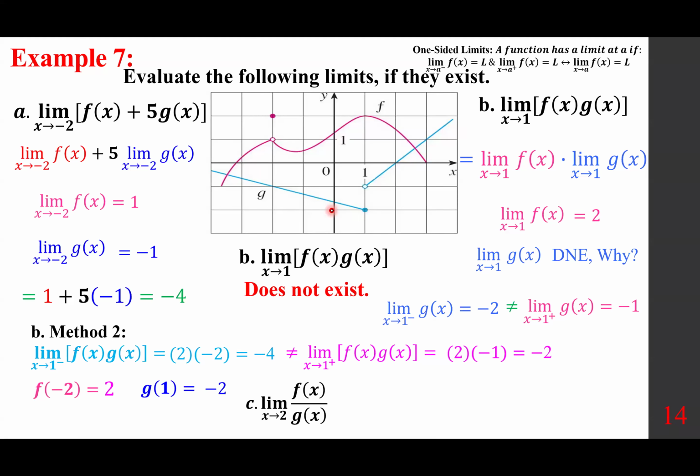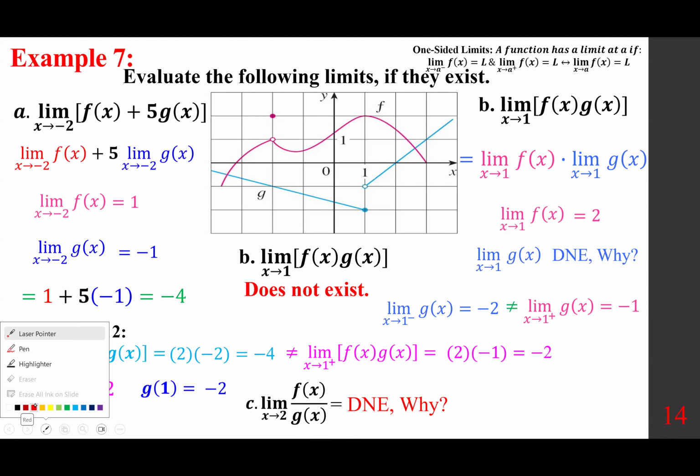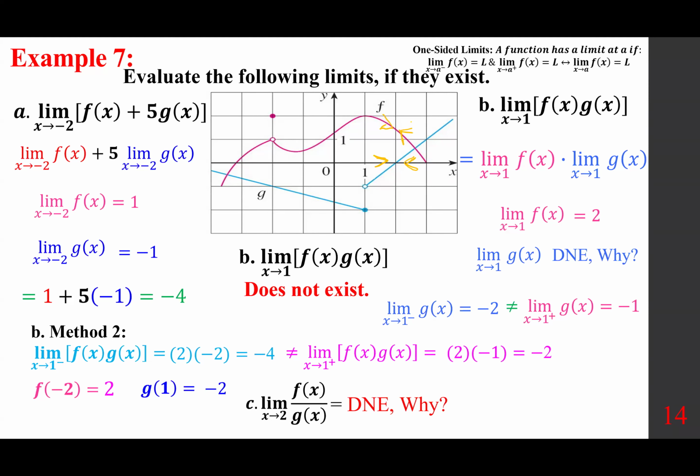Now we are interested in finding the limit of f of x over g of x as x approaches 2, and we say it does not exist. Why is that? As x approaches 2 this way, for the top, the numerator f, it's approaching this number, whatever the y coordinate is, which is close to 1.5.